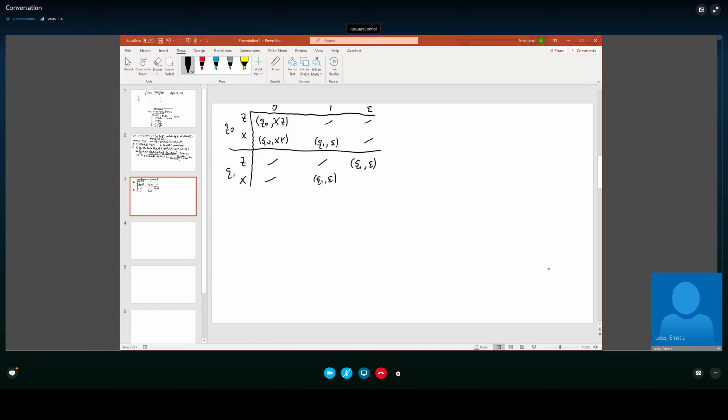If we expose the Z on top of the stack and read epsilon, and similarly, if we see an X on top of the stack, we can read nothing, epsilon, and remove that X.